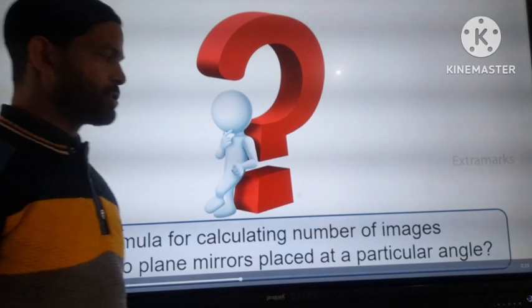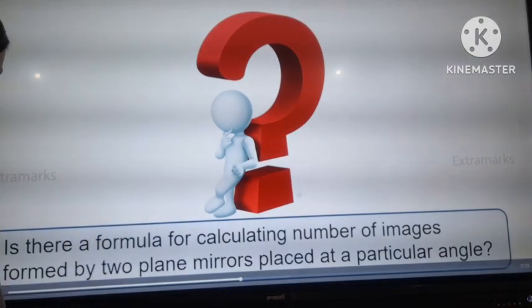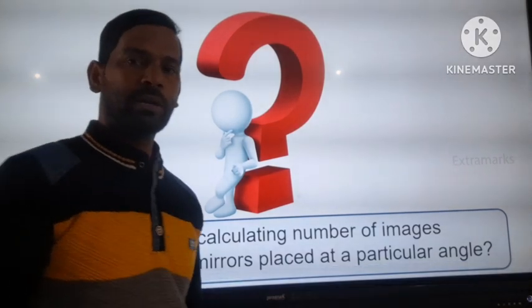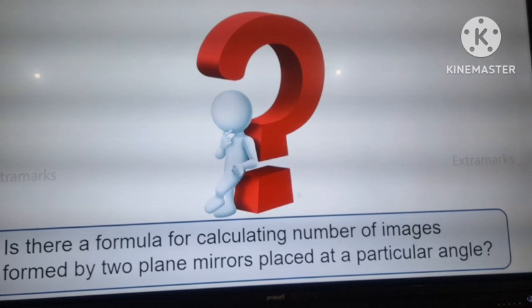Is there any formula for calculating the number of images on that basis? Yes, exactly. Here is a formula for counting the images formed.